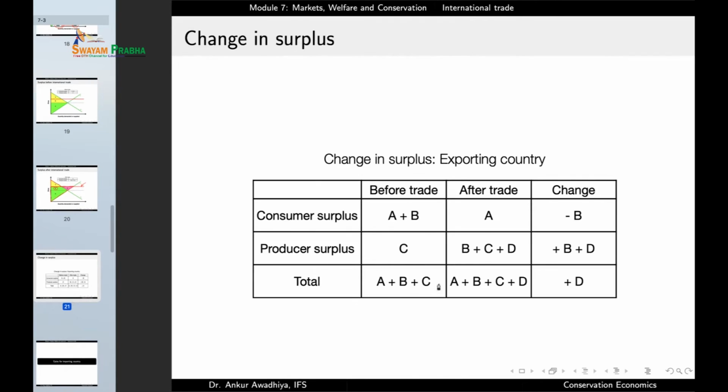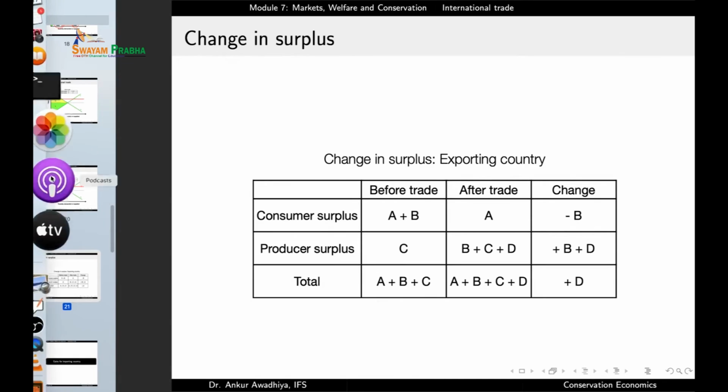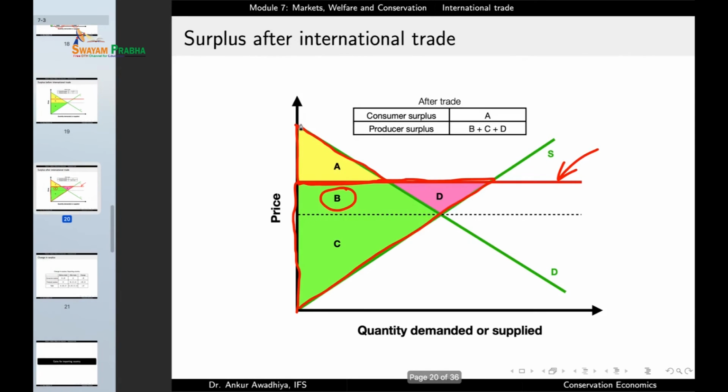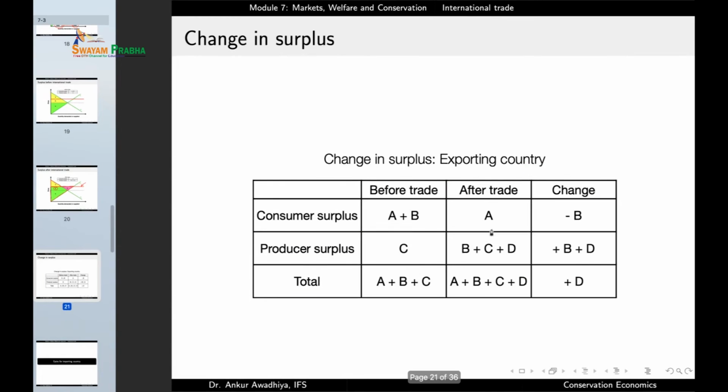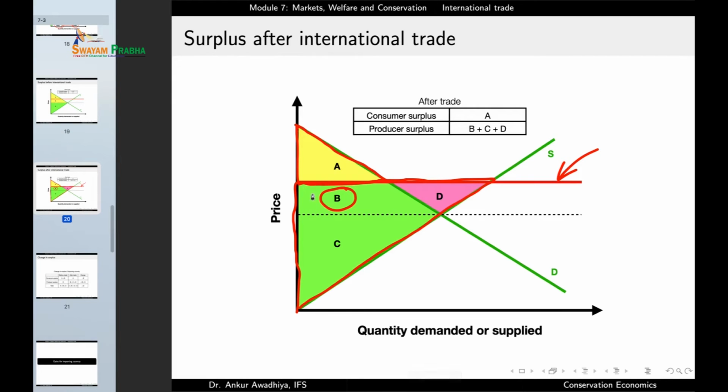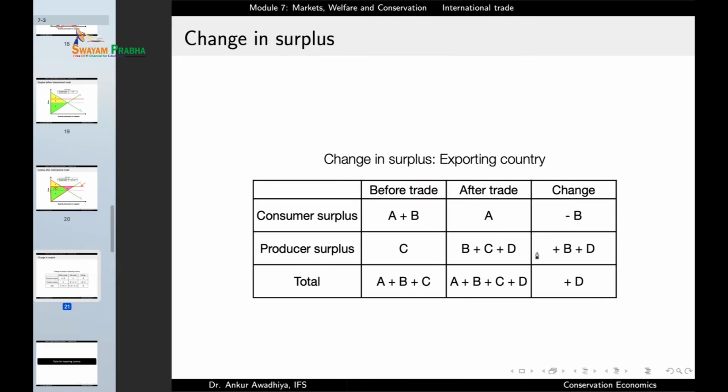So the total surplus before trade was A plus B plus C. Now, after trade, the new consumer surplus is A, and the new producer surplus is now B plus C plus D, which is what we are writing here. And so the total surplus is A plus B plus C plus D.